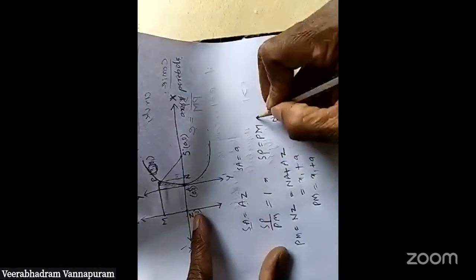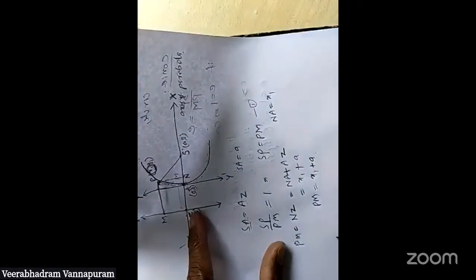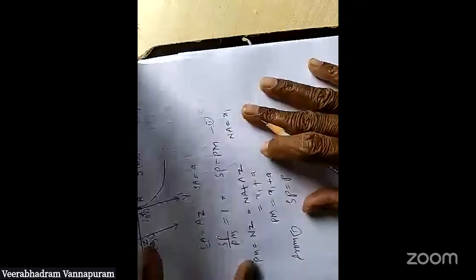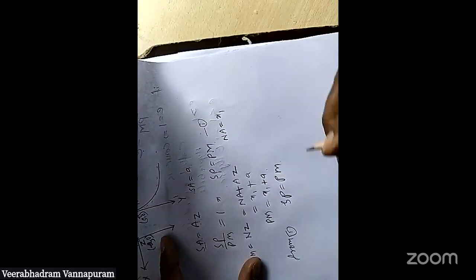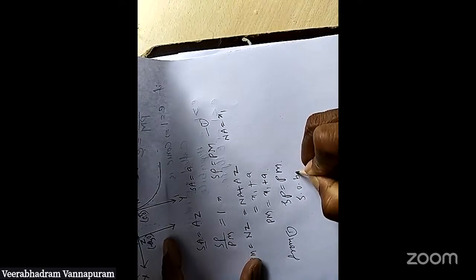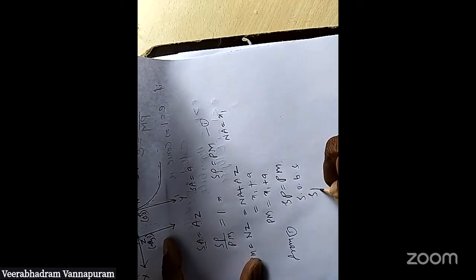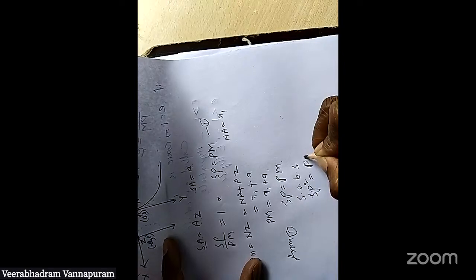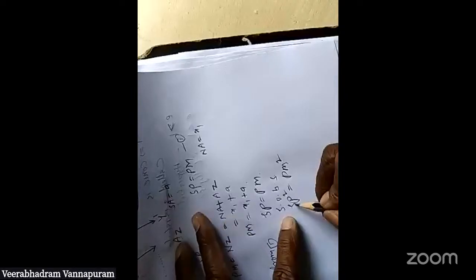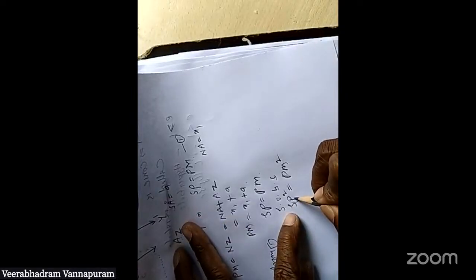Now from equation 1, SP equals PM. Squaring on both sides, we get SP square equal to PM square. SP square is the distance between the focus and the point.